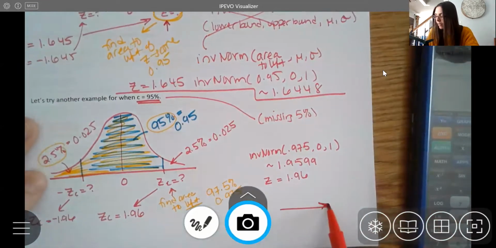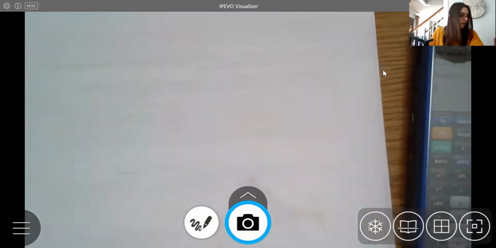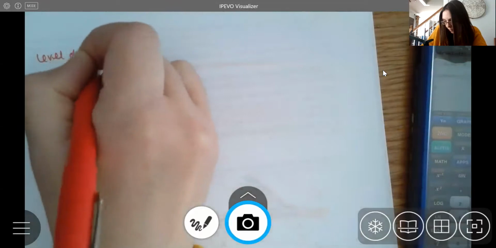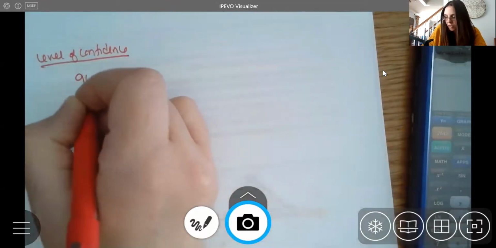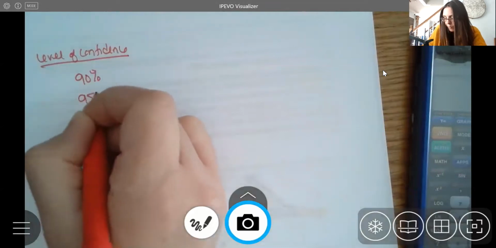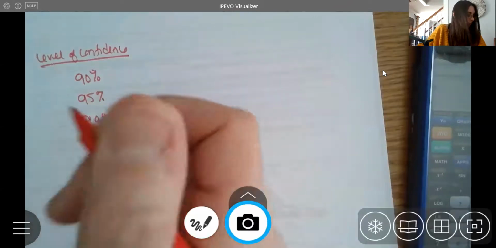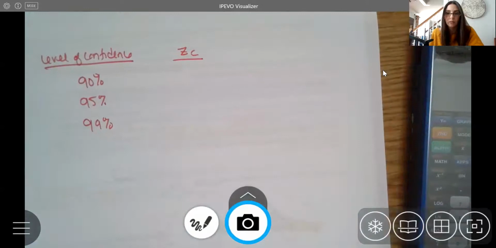Now, there are other confidence levels too, but the main ones we're going to see are 90%, which we just did, 95%, which we just did, and 99%. Those tend to be the three most common ones that we use when we're talking about confidence intervals.